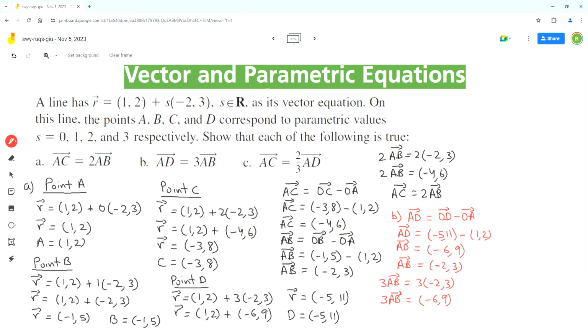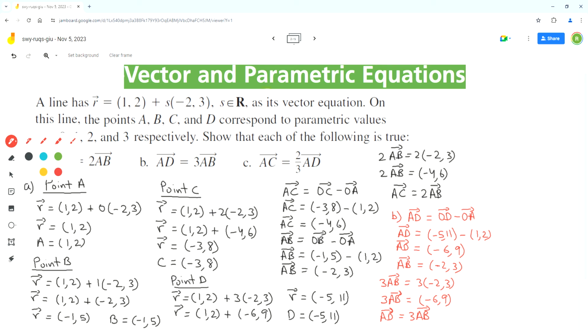So we can see that vector AD is equal to 3 times vector AB. So we have proved that the equation in part B is true.